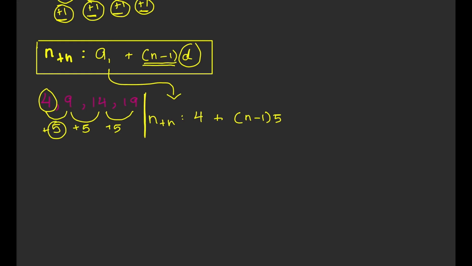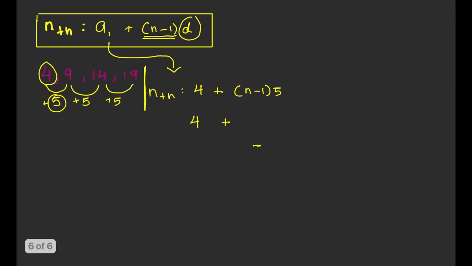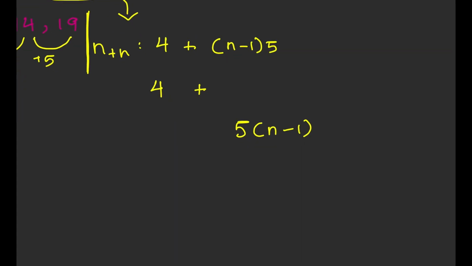Now, this requires a bit of algebra, and that's expanding brackets. 4 plus 5 into n minus 1. In algebra, what we do here is multiply the outside number with each term inside the brackets respectively. So 5 into n and 5 into negative 1, and take the sign before. So it becomes 5n, and 5 into negative 1 becomes minus 5.